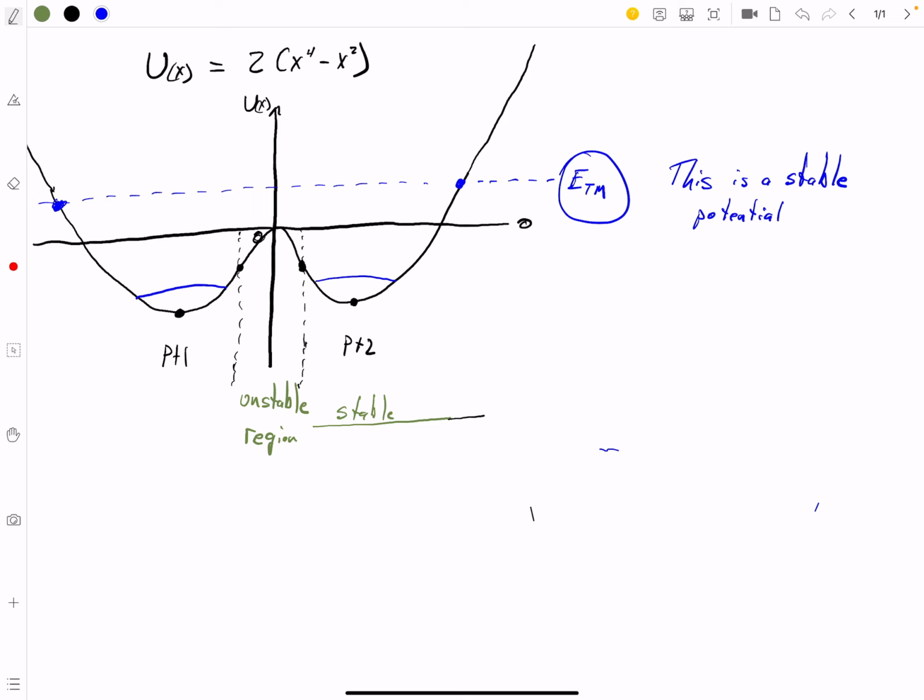But actually, it is a round potential, so it actually goes in a circle and stays this distance away from the center. So that's kind of an interesting case. But we're not going to be learning about the Higgs boson, unfortunately. We're going to be talking about simpler things.